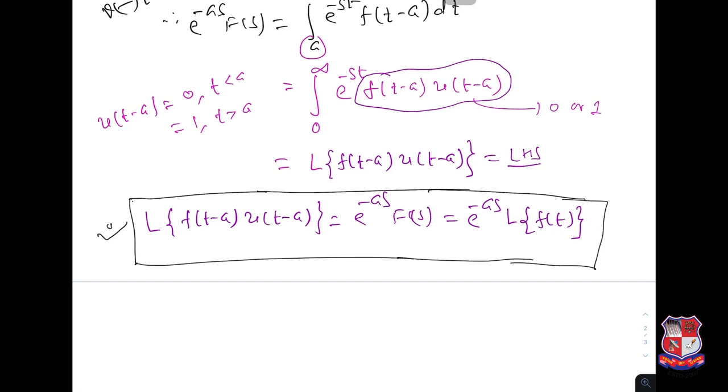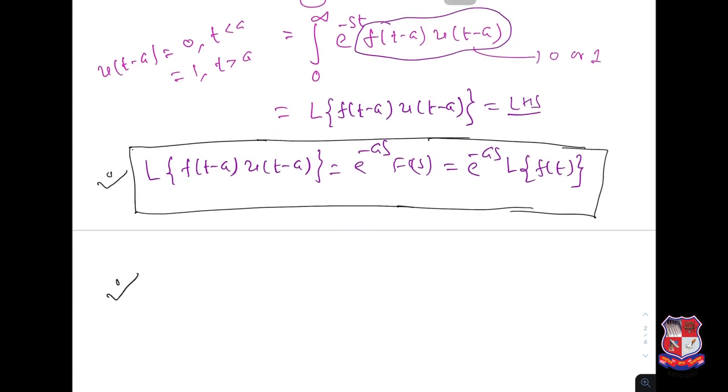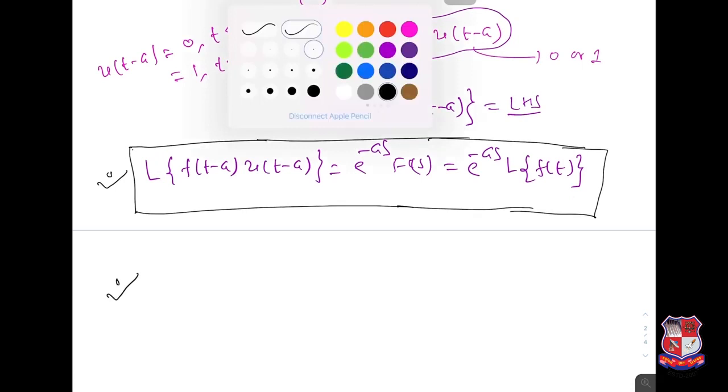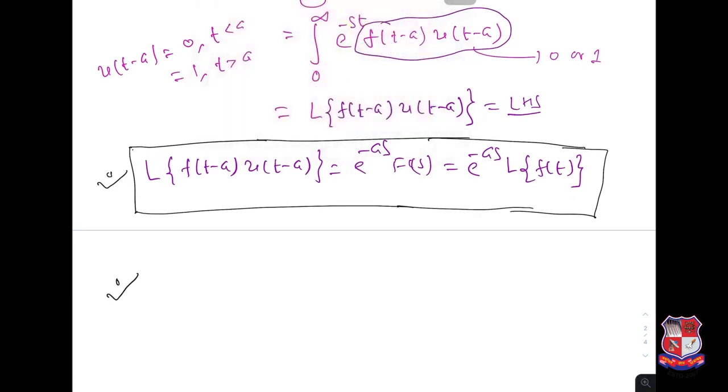Okay. Now there is one simple result again. Just translate here t minus a. We write like this, the same result: f of t u of t minus a is nothing but e to the power minus as times the Laplace transformation of f of t.